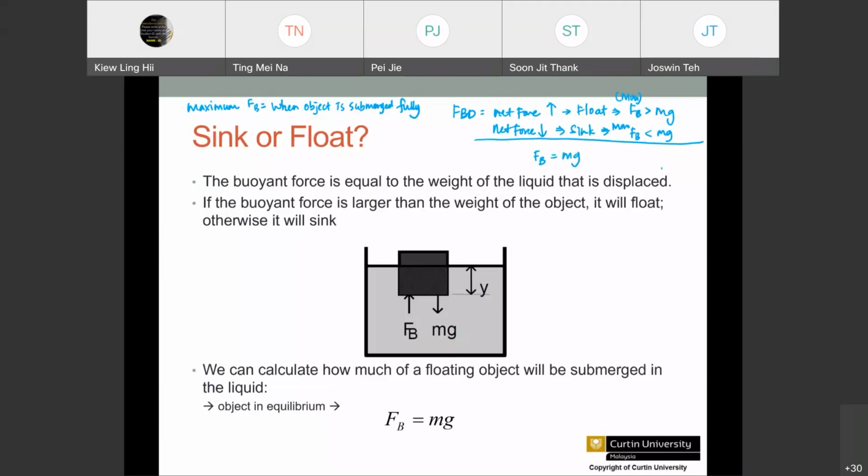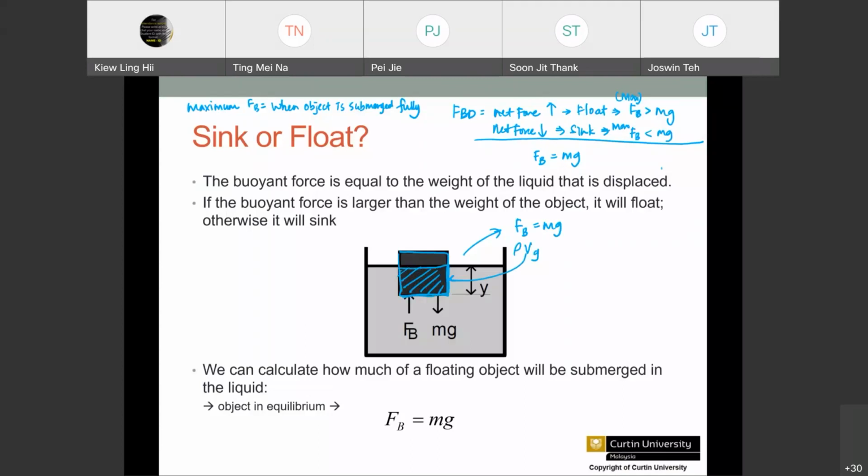So when the object stops moving and stays still here, your buoyant force at this point equals mg, your rho Vg, where V will be this amount of volume only.